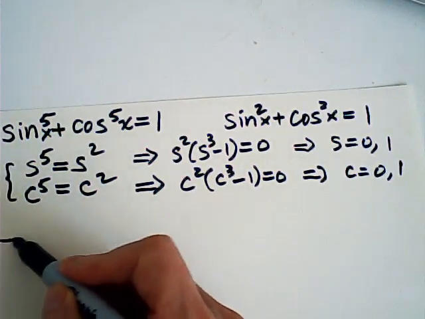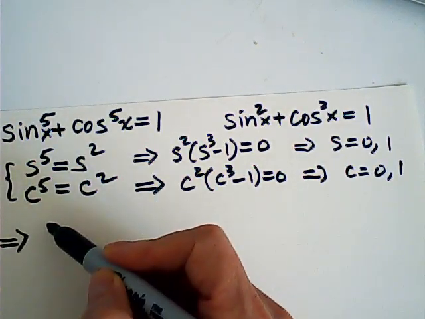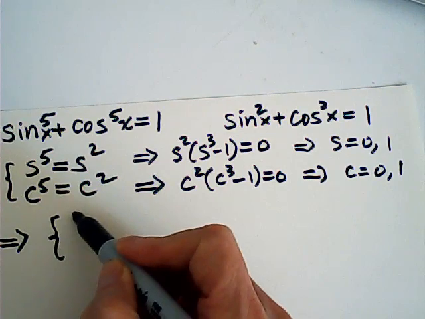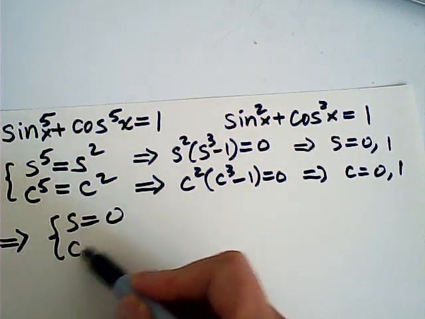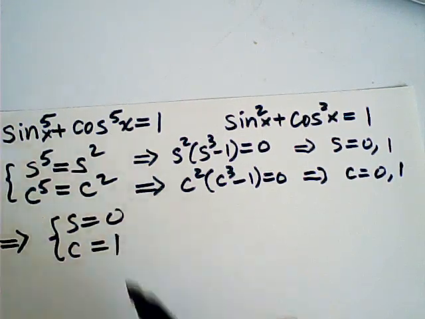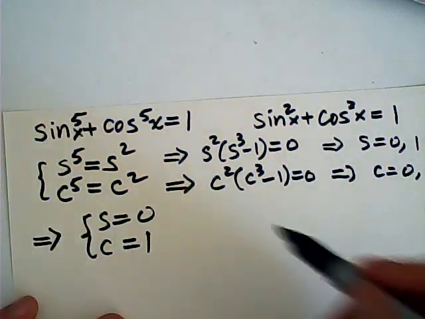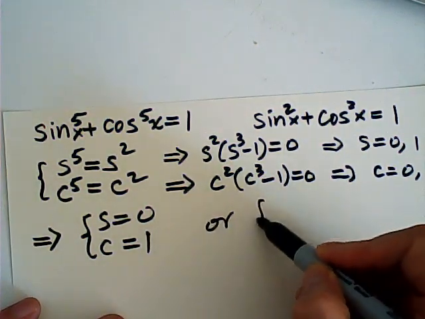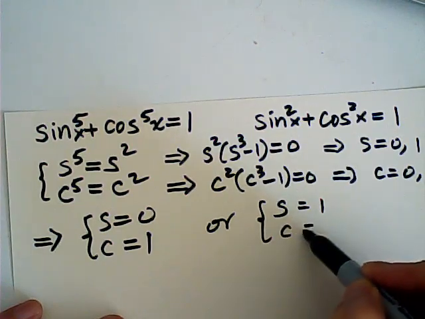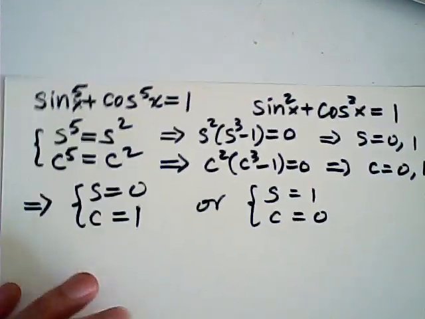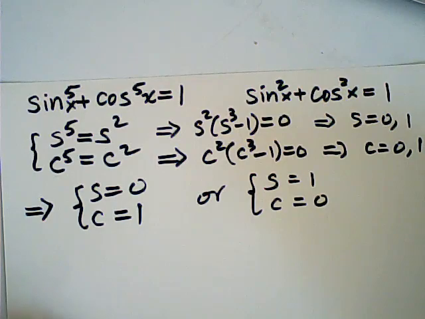So the situation is this: when sine x is equal to 0, cosine x is equal to 1, and that happens at the same time, right? Or when sine x is equal to 1, cosine x is equal to 0. So they must happen concurrently.